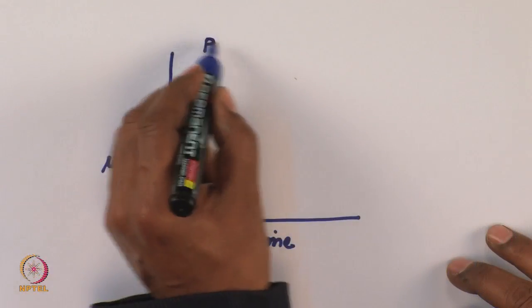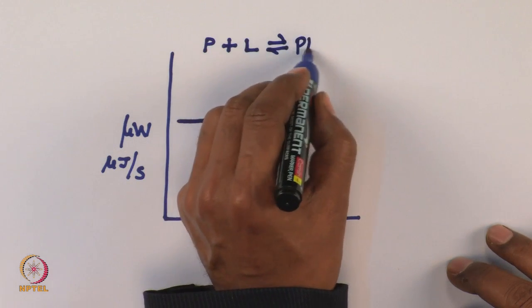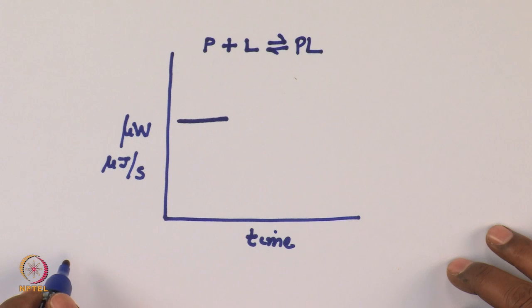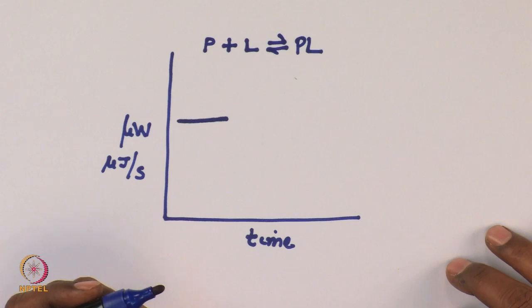When you make the first injection, that is, when you add a little bit of ligand into the protein solution, this reaction, P plus L, will start. And depending upon whether the reaction is exothermic or endothermic, additional power will be supplied to either the sample cell or the reference cell, or vice versa; you can supply less power to the sample cell if the reaction is exothermic.